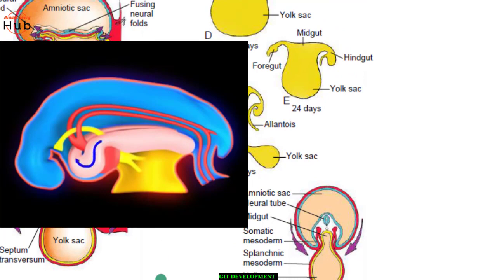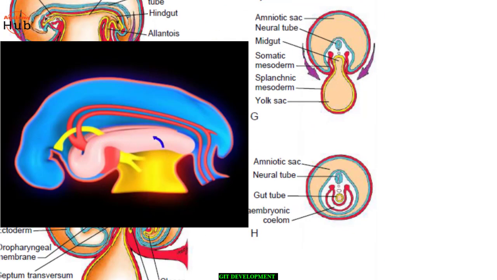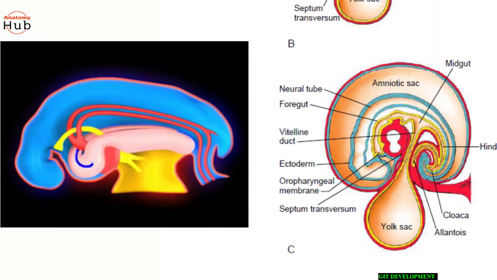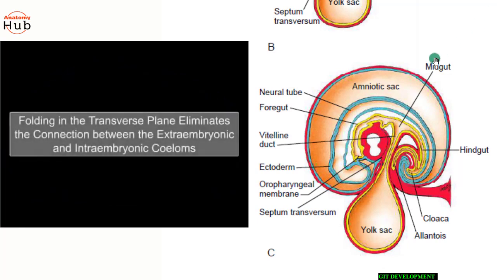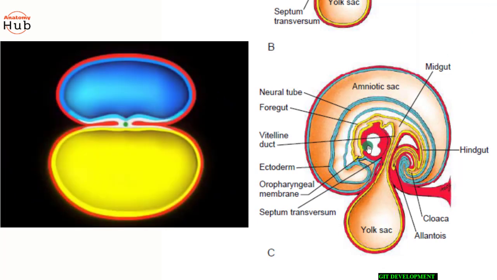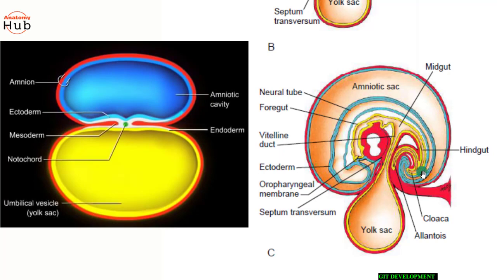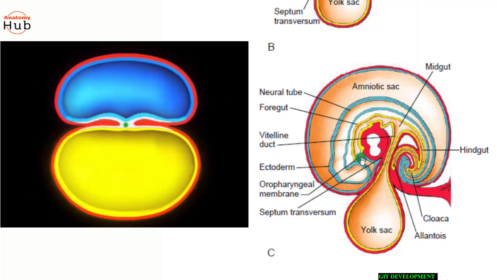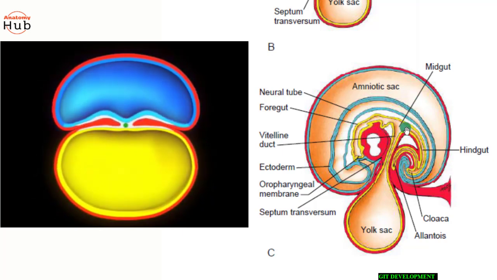Although in this section these folds have different names, it is important to realize that these folds become continuous with one another as a ring of tissue at the position of the future umbilicus.